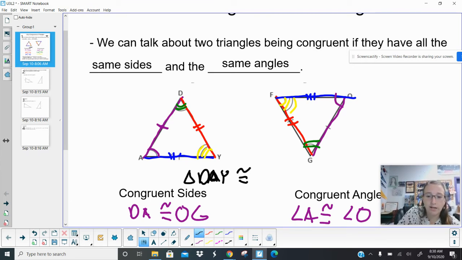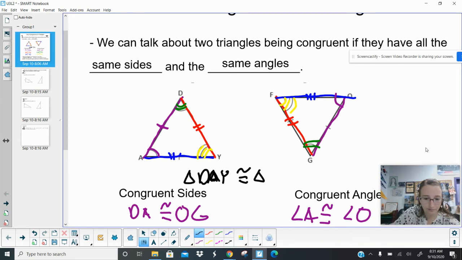Now, it doesn't matter what I choose for the first triangle, but for the second triangle, if I choose to write it D, then A, then Y, I have to put the letters over here in the same order, meaning what angle is congruent to D has to go first, what angle is congruent to A has to go second, and then what angle is congruent to Y has to go last.